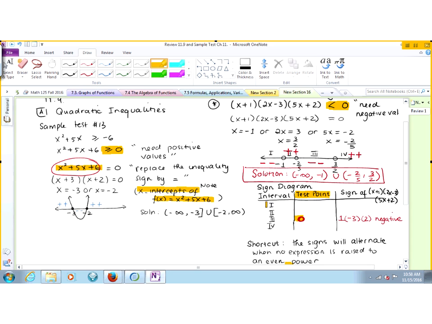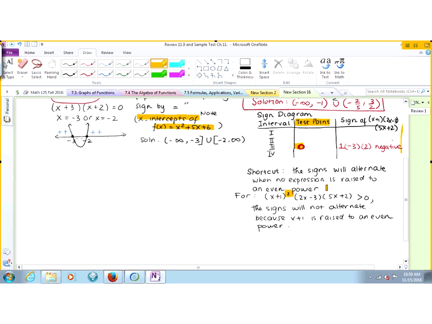But what he probably did was choose a test point on the first interval, and on the second one, and the third one, and the fourth one, right? We could do that. Do you want to do that? But we don't have to because we have a shortcut. On some problems, if this were x plus 1 squared, then I would have to do it for each one of them.